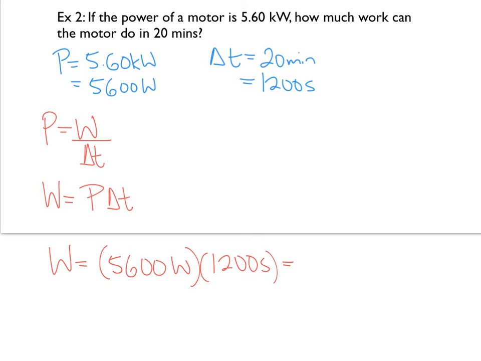So this gives us 6,720,000 joules, which can be shortened and simplified to 6.72 megajoules. And so the motor does 6.72 megajoules of work.